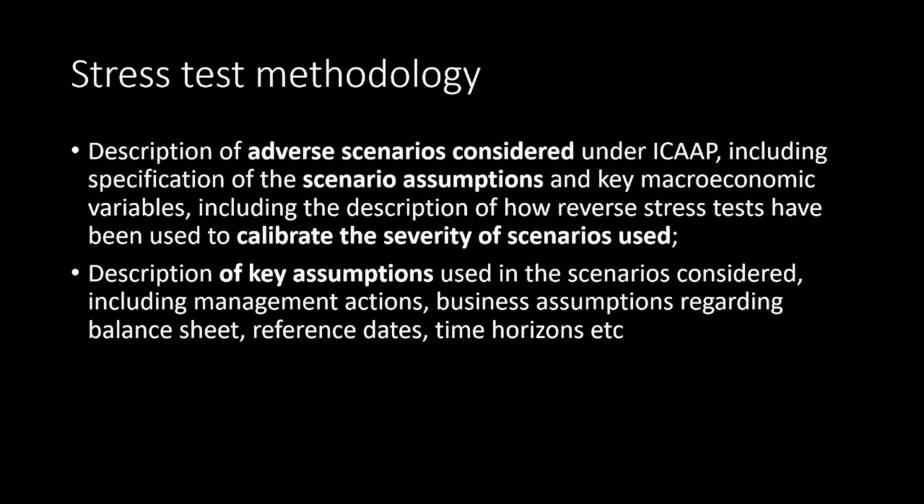So these are more qualitative assessments, and the banks have got enough flexibility to write about these scenarios. You may not have the numbers, but you should have a storyline to explain the assumptions taken, what actions could potentially be taken in these scenarios. So all these qualitative aspects also should be disclosed, or as part of this exercise.